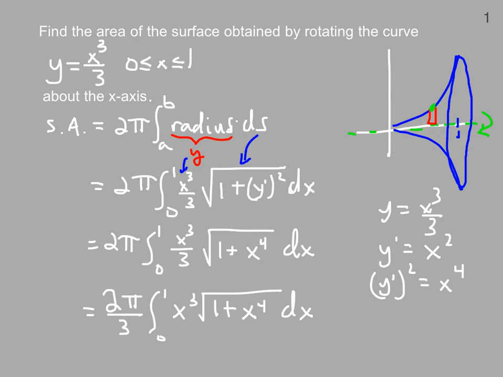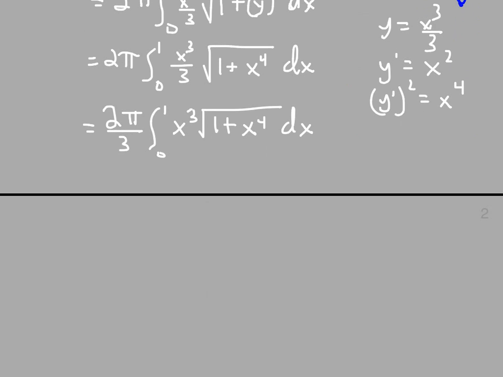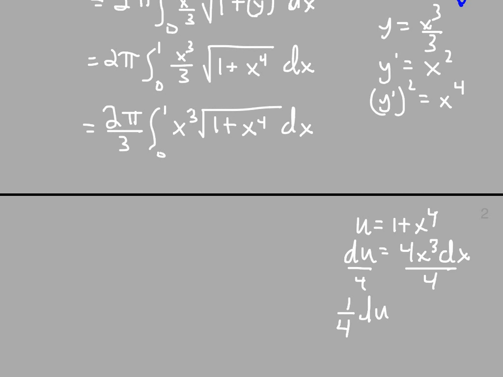And conveniently, these powers differ by 1. The derivative of the inside is at least some multiple of the outside. If we were to let u be the entire inside, then the derivative of that is 4x cubed, so that we can just divide by 4 and have 1/4 du replace x cubed dx.